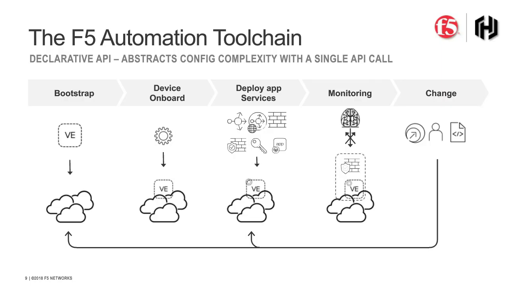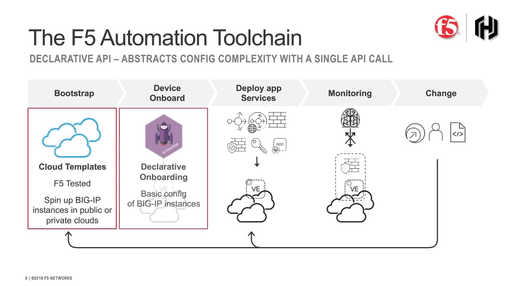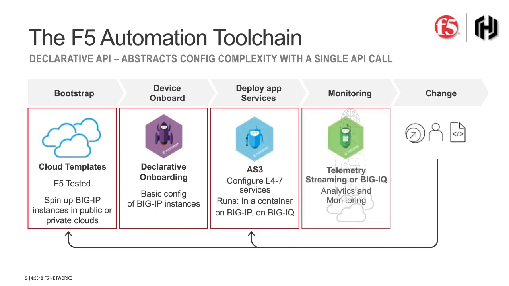So how do you use this toolchain, right? You can think of it as an event flow. The first thing is you can bootstrap BIG-IP. You can manifest BIG-IP using cloud templates, it could be AWS or Azure or any other cloud, right?